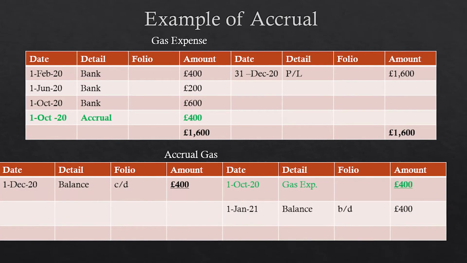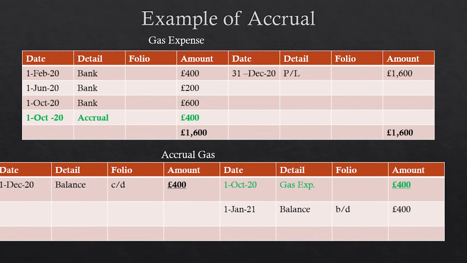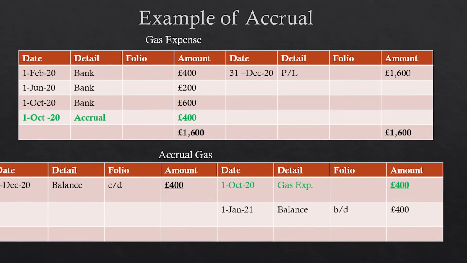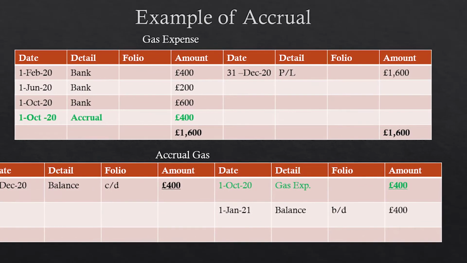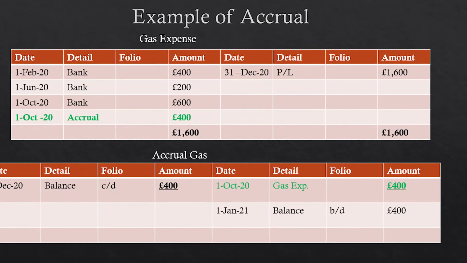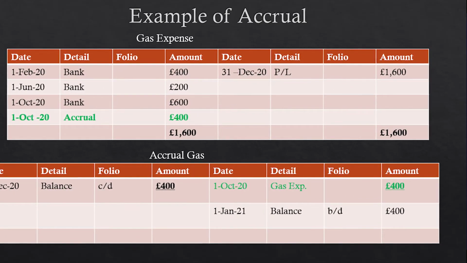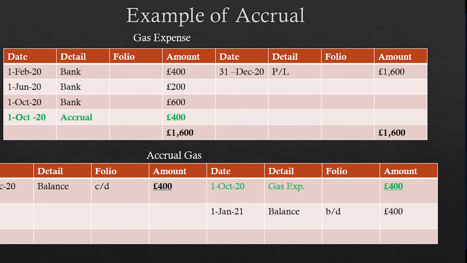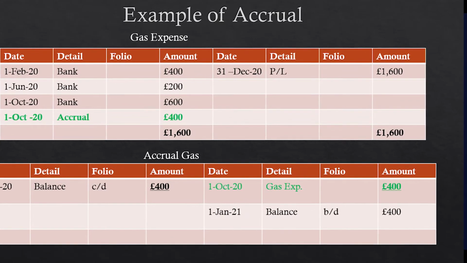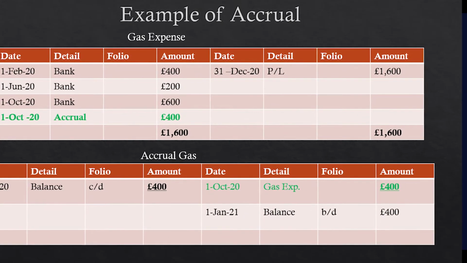And so we have an accrual on the debit side, which is added to the payments that were made. And on the opposite side of the accrual gas account, we have the credit of 400. We can bring that forward into the next accounting period. We will attach it to the current liabilities in a statement of financial position, or balance sheet.